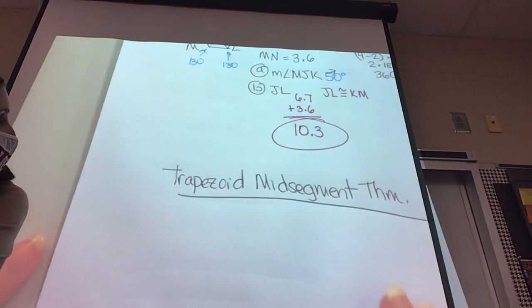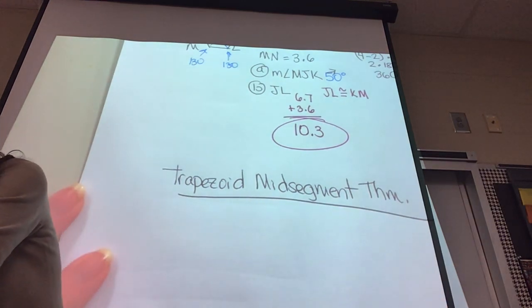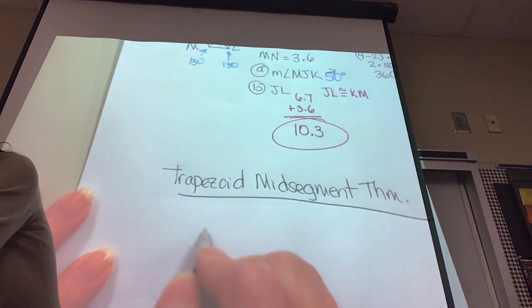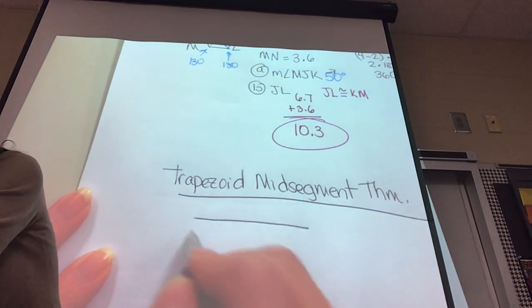Okay, we're going to do real quick the trapezoid mid-segment theorem. So I'm going to draw another trapezoid.